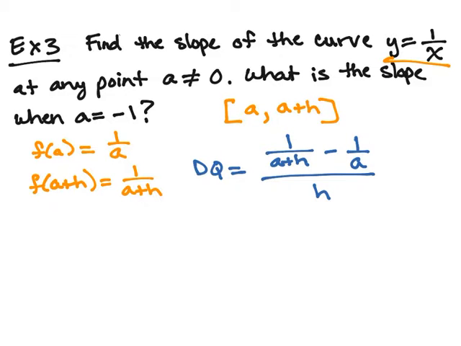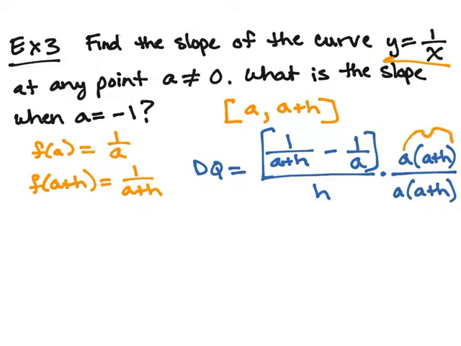All right, now, this is why we did limits analytically. We know how to simplify this and clean it up, right? What do I need to do? Common denominator. So what am I going to multiply top and bottom by? A times A plus h. All right, so that's going to get rid of my denominators that are in my numerator when I distribute this whole thing to both of those.